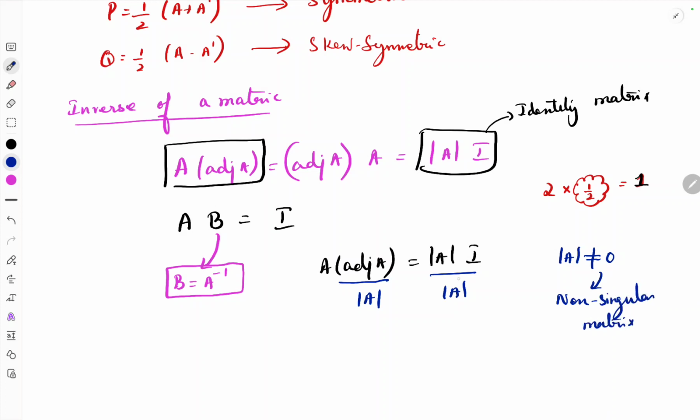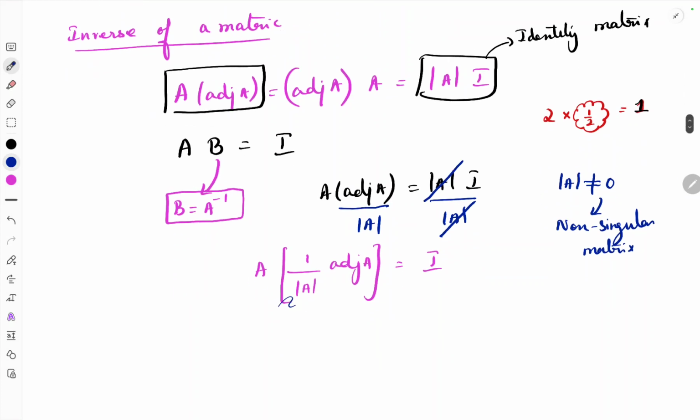So from here, this determinant of A and this determinant of A will get cancelled. I am getting matrix A into 1 by determinant of A into adjoint of A equal to identity matrix. So which means matrix A into this matrix is equal to identity matrix, means this will be A inverse. So A inverse we got as 1 by determinant of A into adjoint of A.